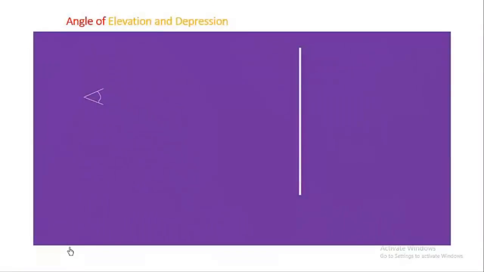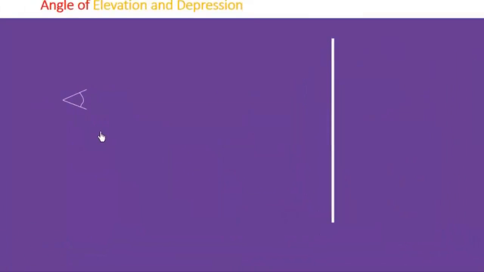Angle of elevation and depression. Let's say you are peeping through your window on the second floor. This is your normal eye level. If there's something that you want to look at the top of this tree, then you raise your head at an angle.